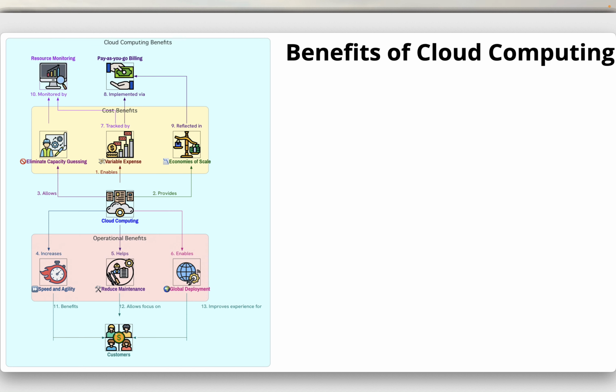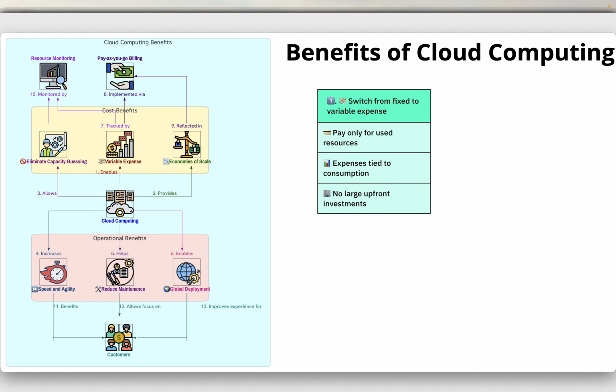Benefits of cloud computing: instead of large upfront investment in data centers and servers, cloud computing allows you to pay only for the resources you use, making expenses variable and directly tied to your consumption.